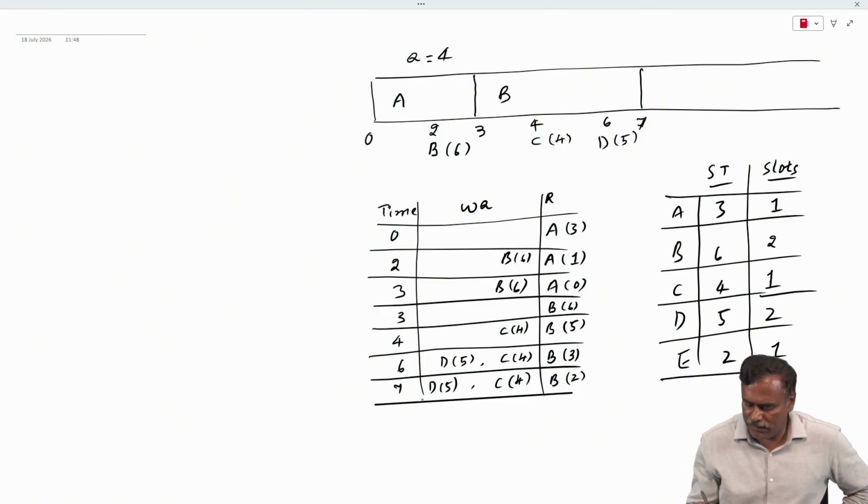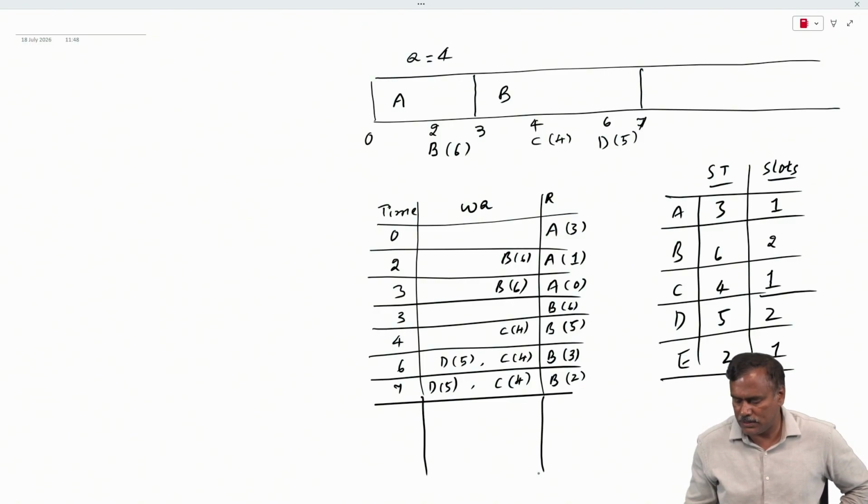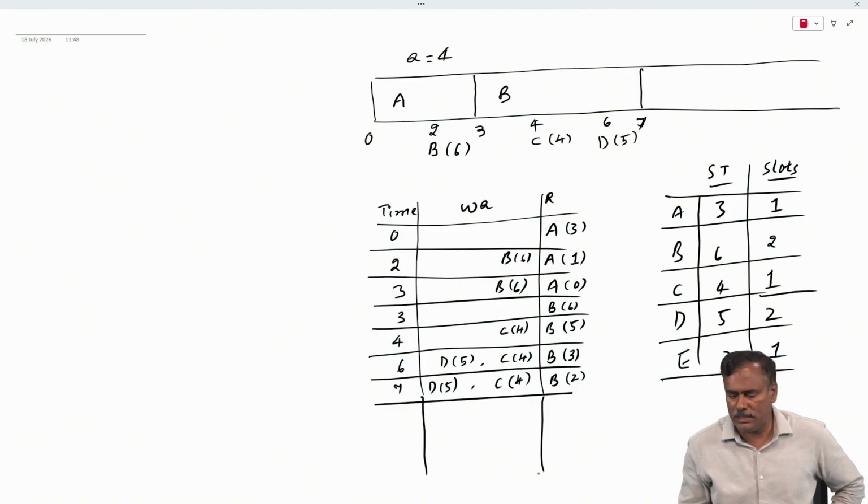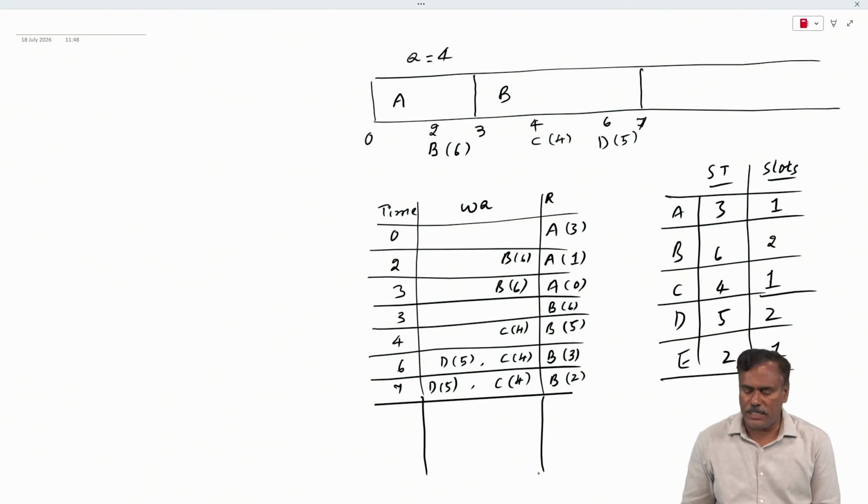Now at the 7th interval of time, you know that at the front of this queue there is process C, which has been waiting for its execution. So at the 7th interval of time, you are going to stop process B and start the execution of process C. C needs a service time of 4 units.